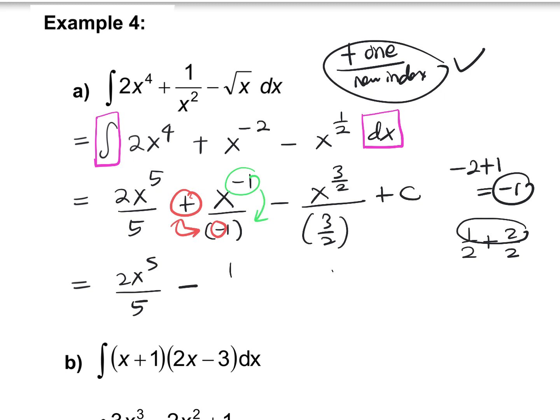So it is 1/x. Okay. And this one minus, make sure that you know these two can go up and multiply with x. So it should be 2x to the power of 3/2 divide with 3 plus c. Okay, so we settle the first example.